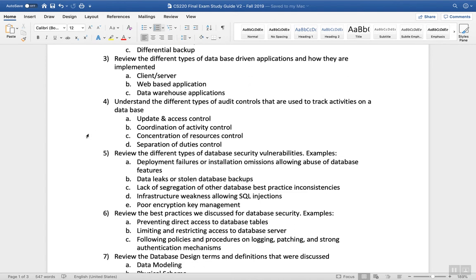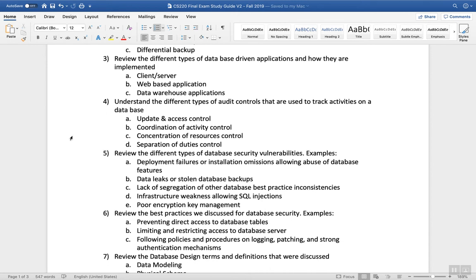So we talked about some different types of audit controls, things we look at. There's a couple of them out there. The ones we wanted to go back and review on: the update and access control, who can do what, to when, to where. The coordination of activity roles, making sure that if two parties are going after the same resource, it is handled in an organized fashion.